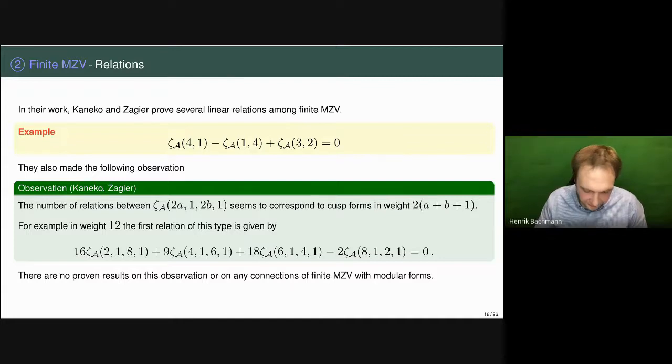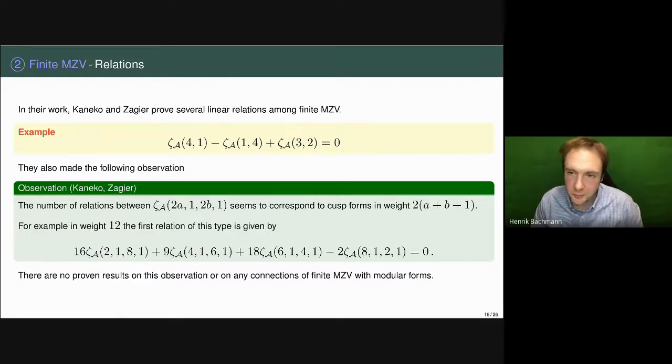In the classical case, the relationship was between double zeta values where both entries are odd. And here it seems, if I consider finite multiple zeta values of depth 4, where I have even entries, and I try to find relations among these objects, then the first relation I find is in weight 12.